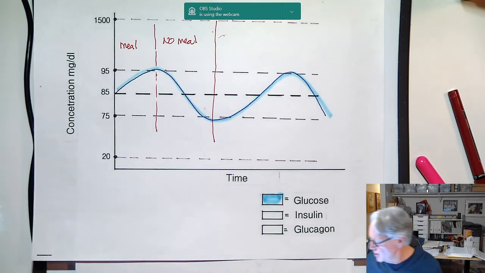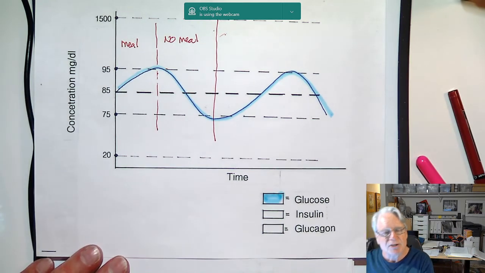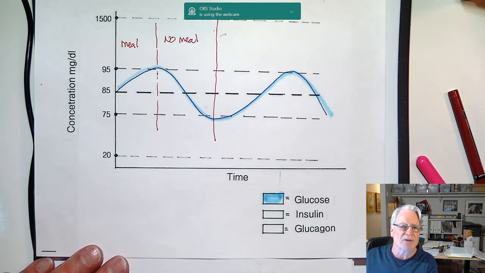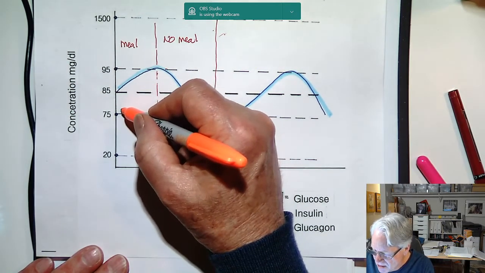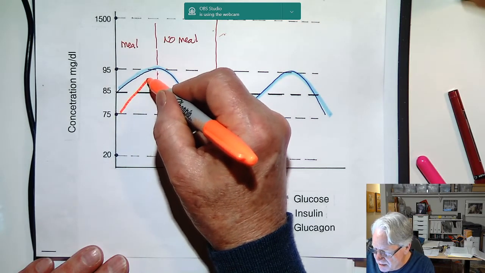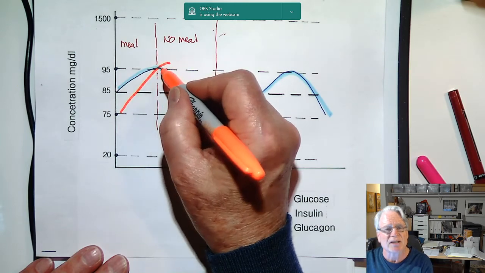The first one I'm going to use is insulin. Insulin is produced in the pancreas. There are cells within the pancreas that can measure glucose levels in the blood, and as those glucose levels begin to rise, these cells respond by producing more insulin. There would be a little bit of a delay, but you would see an increase in insulin that corresponds to an increase in the glucose.